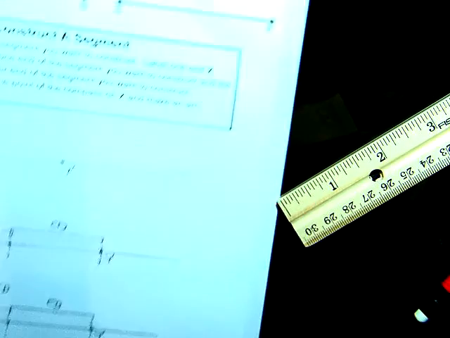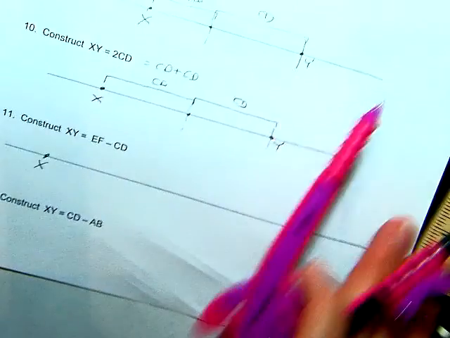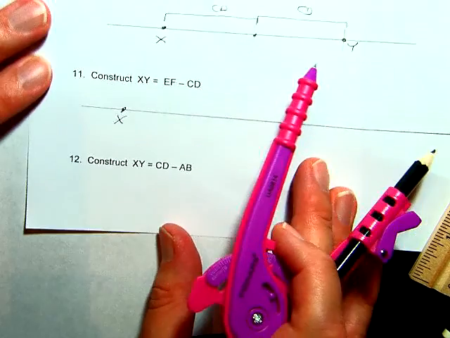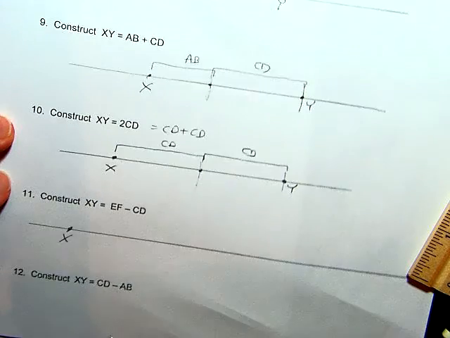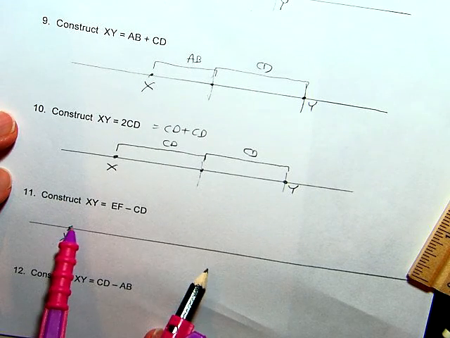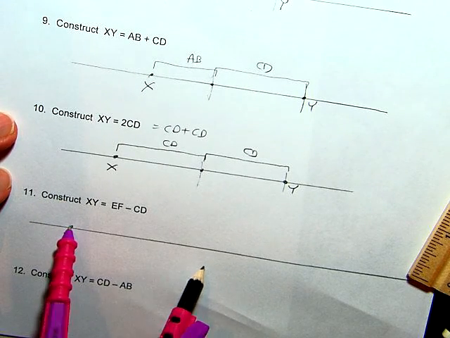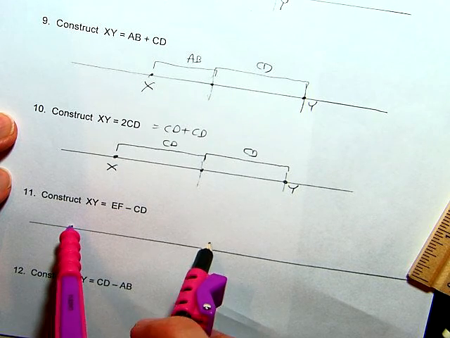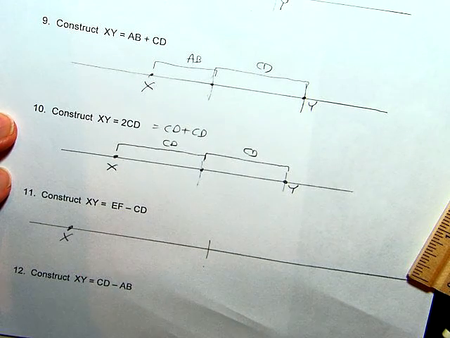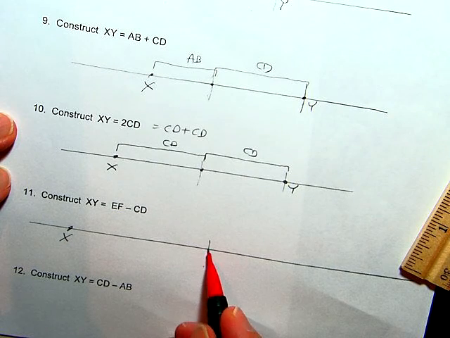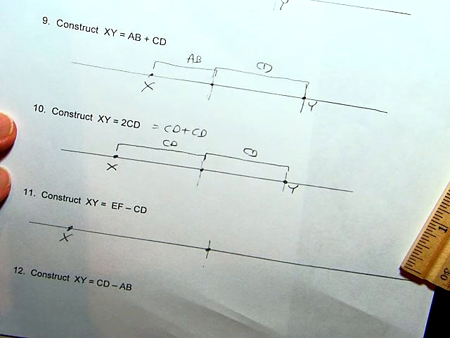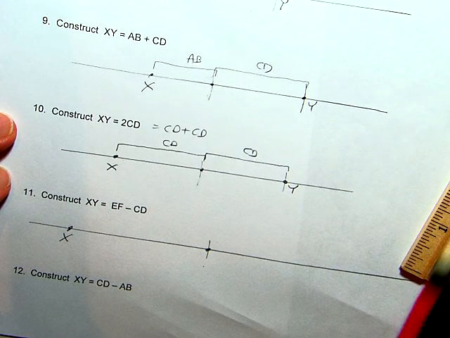I'm going to go back down to my line here, and where X is, I am going to put the sharp point on X, like so, and then I'm going to trace an arc that goes through the line right there. Okay, I'm going to make a little note of that point. I'm not going to label anything yet.